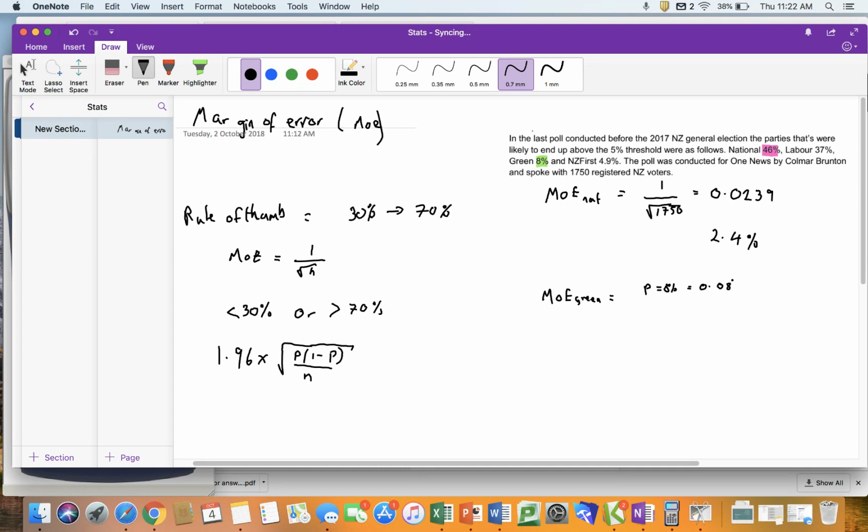So therefore, their margin of error is going to be 1.96 times the square root of 0.08 times 1 minus 0.08 over the 1750, and now I've written all the rest of the calculation.